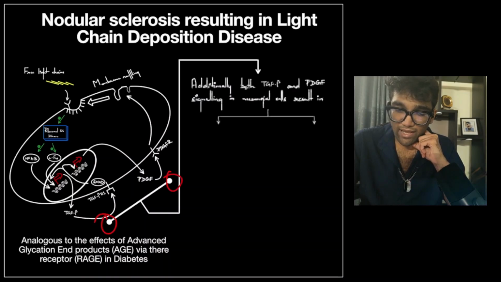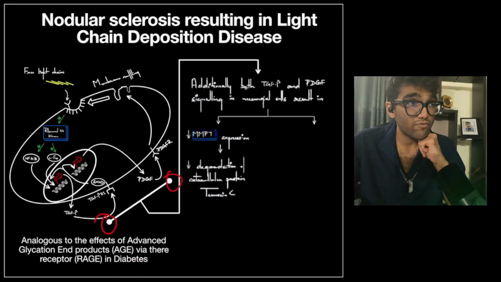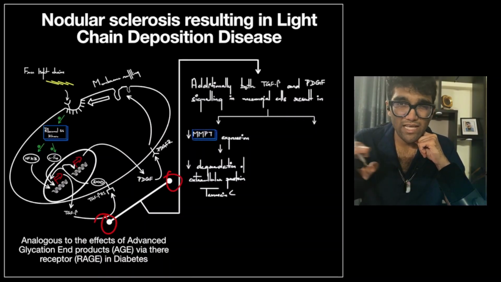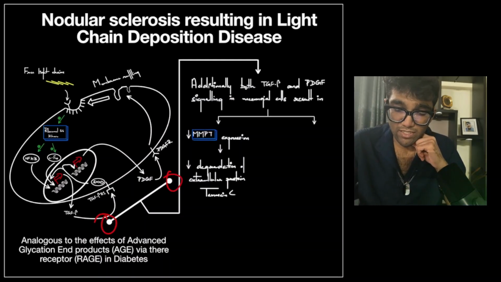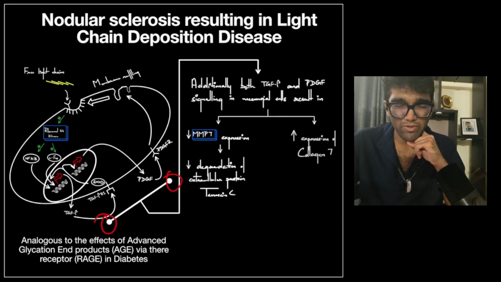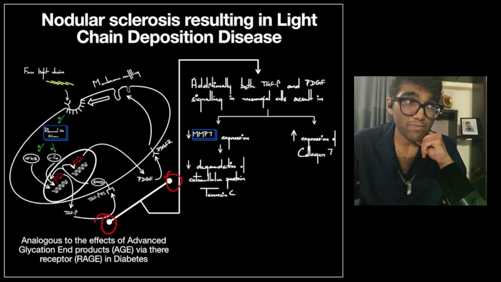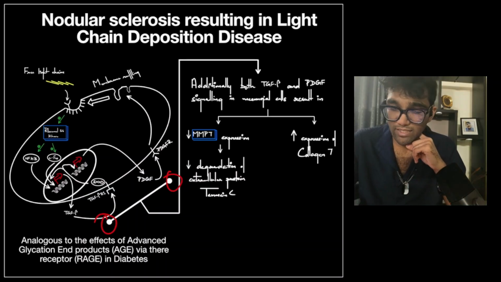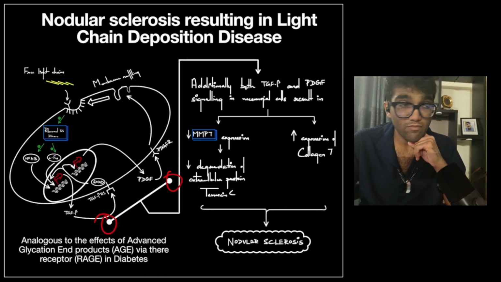One, they decrease the expression of matrix metalloproteinase type 7, which degrades an extracellular protein known as tenascin C. And tenascin C actually links different types of collagen and prevents TGF beta signaling. Now, they also increase the expression of collagen type 7. So it's easy to remember: MMP7, that is matrix metalloproteinase type 7, and collagen type 7. And that results in more collagen type 7 production, resulting in nodular sclerosis.